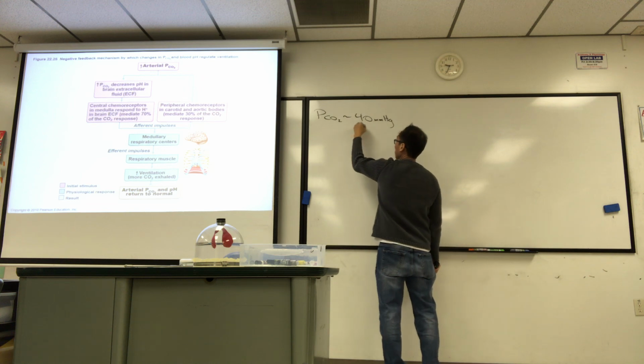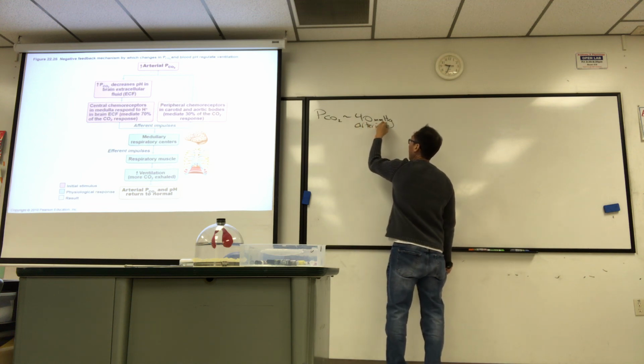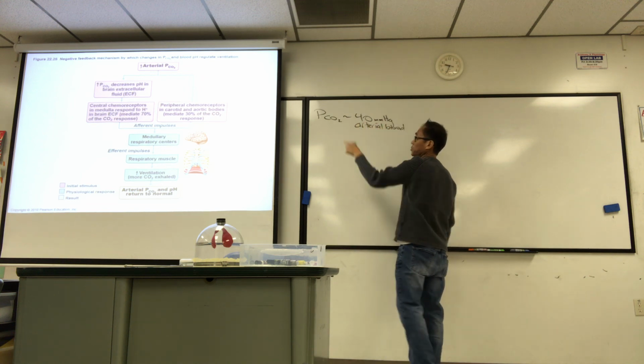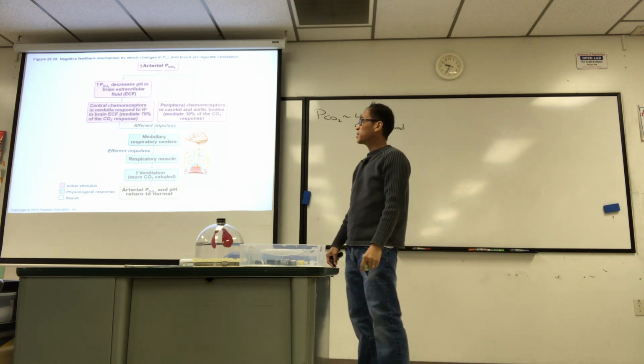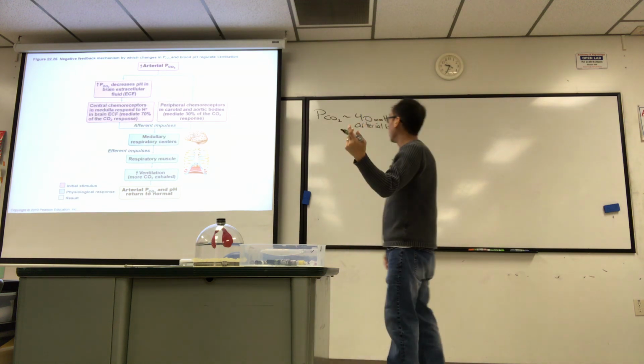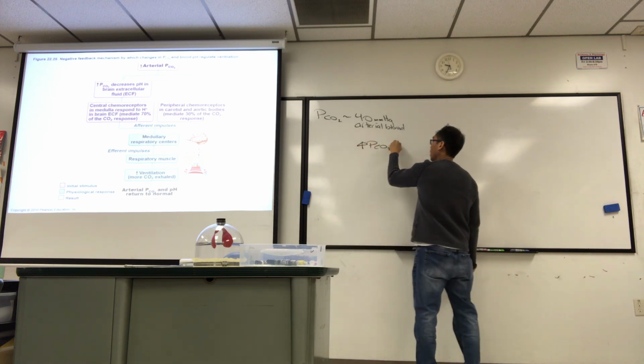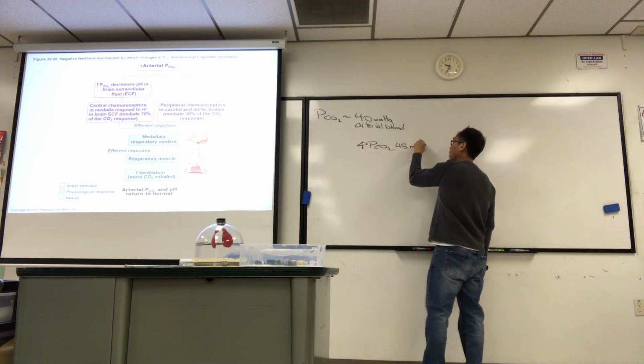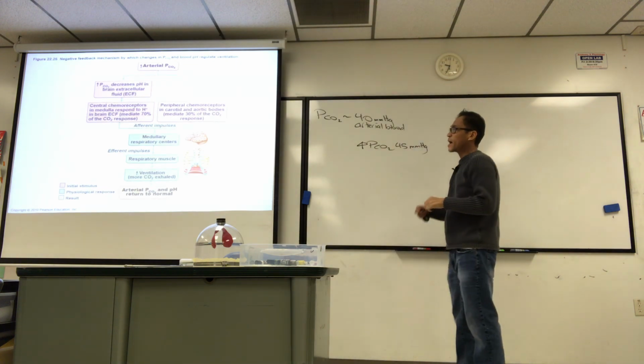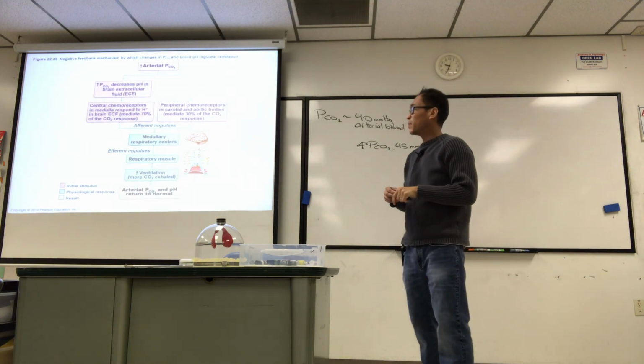In arterial blood. What this shows you is if it rises, let's say it gets to 45. You have blood gas receptors that can pick it up.